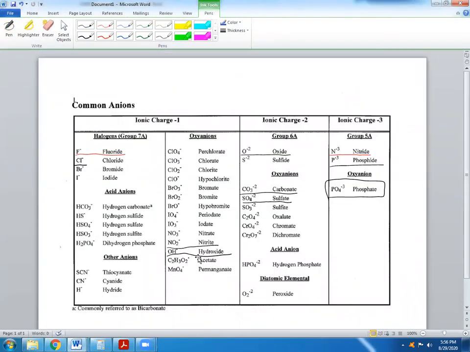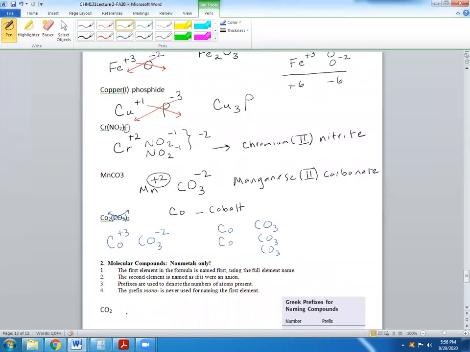It was CO3 minus 2. Now, if you have 3 of them, each with a minus 2, then the charge on cobalt, the only charge possible on cobalt must be a plus 3.